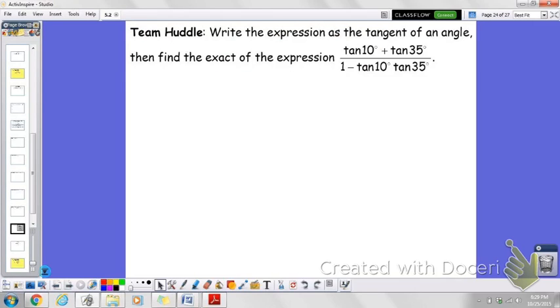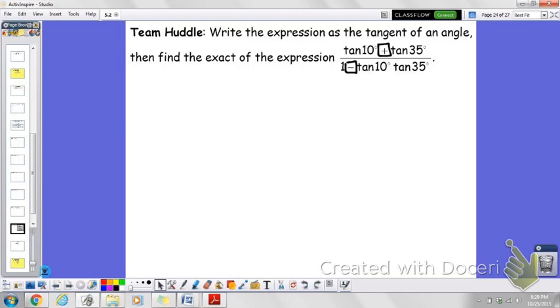For this problem, we will have to write the expression as the tangent of an angle, then find the exact value of the expression: the tangent of 10 degrees plus the tangent of 35 degrees, over 1 minus the tangent of 10 degrees times the tangent of 35 degrees. We'll have to notice that there is a plus in the numerator and a minus in the denominator.